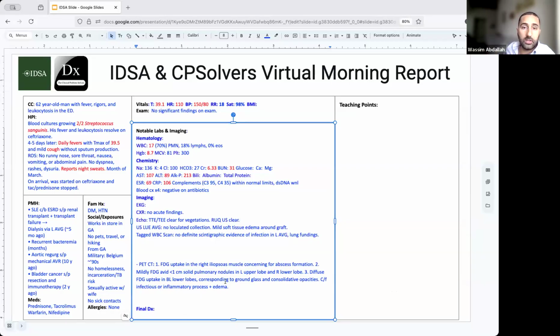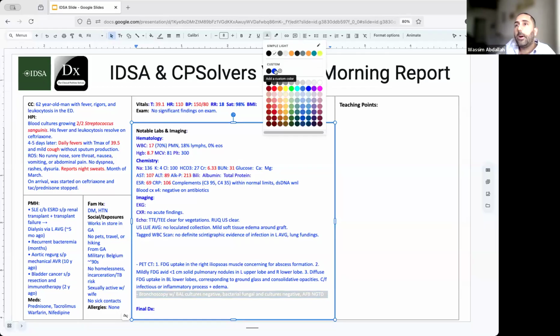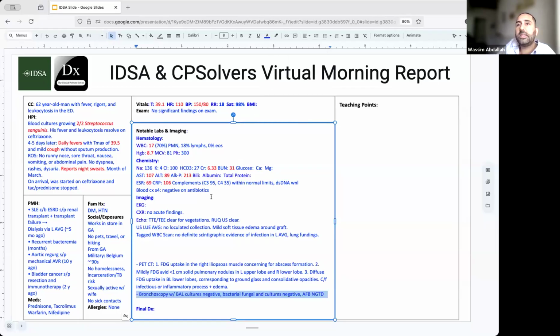A bronchoscopy was done because of the lung lesions, and that bronchoscopy had the BAL cultures: bacterial cultures negative, fungal cultures negative, AFB smear negative, but no growth to date. This was within a few days of what we're reporting. And then, as I said, a biopsy with cytology of this right hip area was done after the aspirate, and that showed no malignancy.